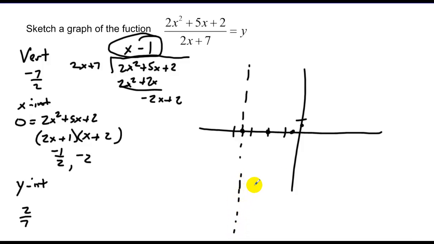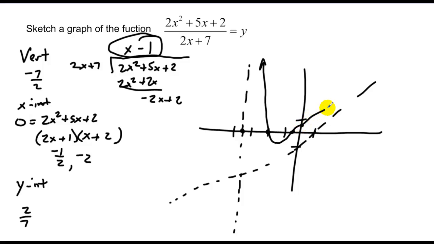And our slant once again was x minus 1. Similar to a couple other examples we've already had. Got to go through this point, which means it's going to go up here, come down, up through these points, approach that line. Nothing on the left side, so it's got to be down here.